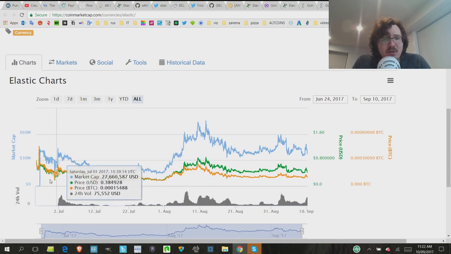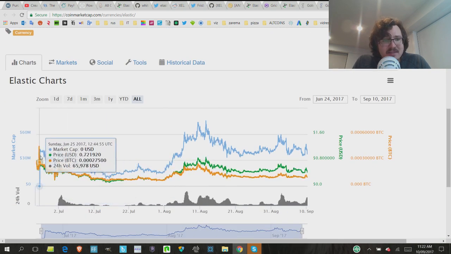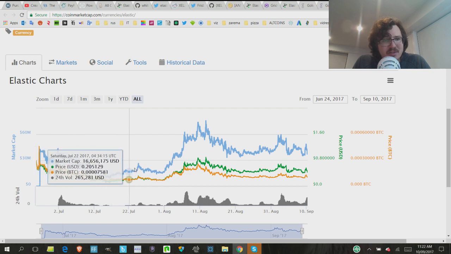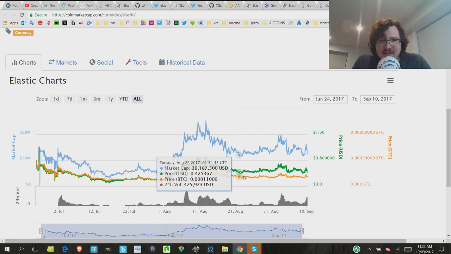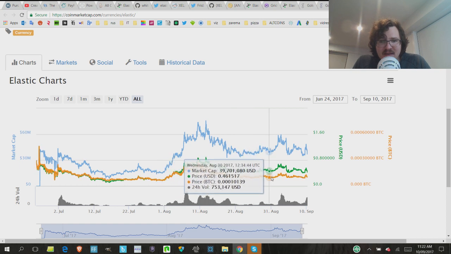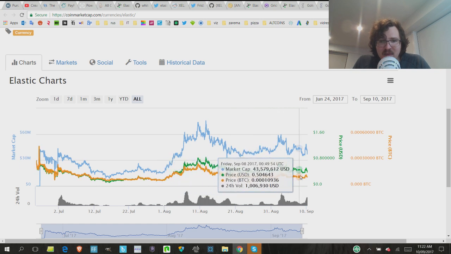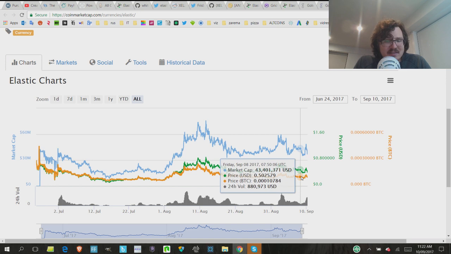And you can see over time, we had some pretty big excitement from Elastic right around the release here. It got all the way up to $1.20, but it's been pretty much chilling since then. It's been up, it's been down a little bit. But basically, we haven't seen a massive straying one way or the other from about the 10,000 Satoshi mark, guys. So it has remained fairly stable over all this time.